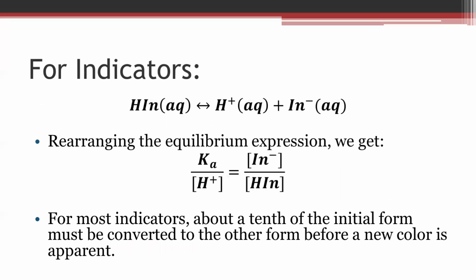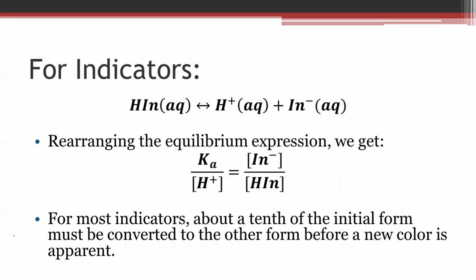So for some information about our indicators, I wrote on here rearranging the equilibrium expression. In case you don't know what that means, I guess I can write that down. Hopefully we are getting the hang of those by now.